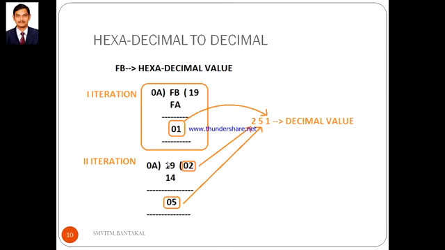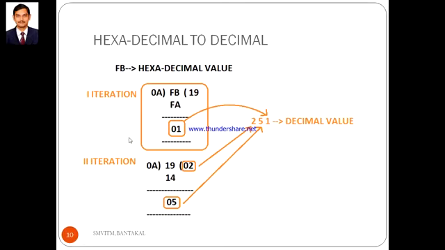Again this quotient needs to be divided with the 0A data. So accordingly this 02 quotient will be considered as the most significant digit, and the 5 will be taken at the same time. So 251 is the equivalent decimal value for the FB.